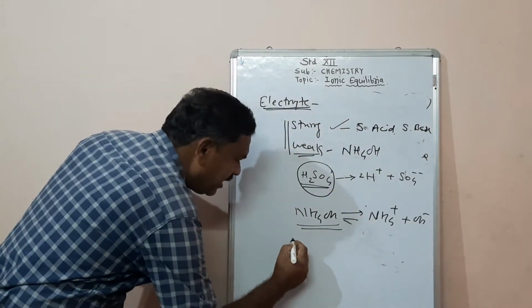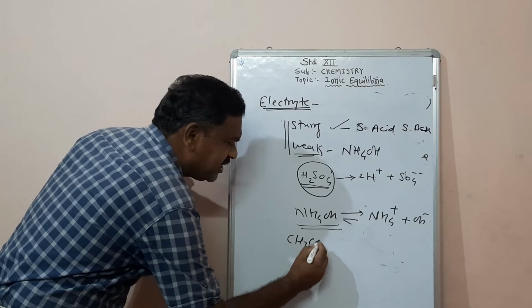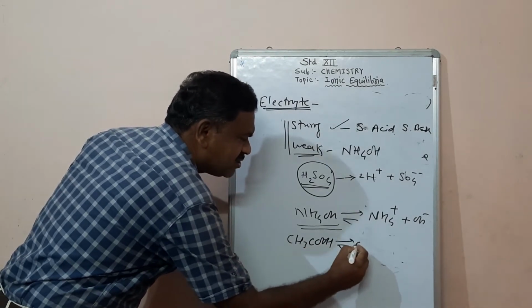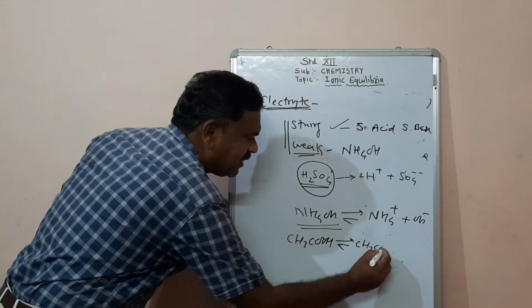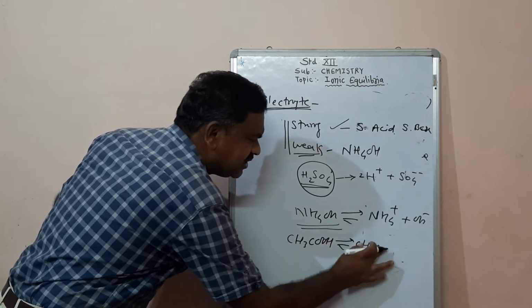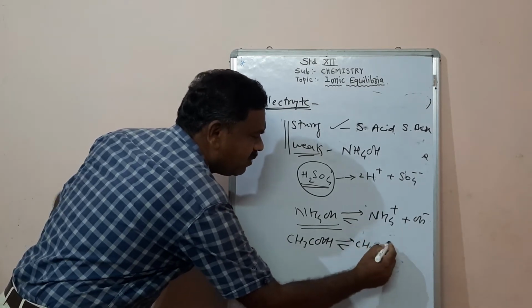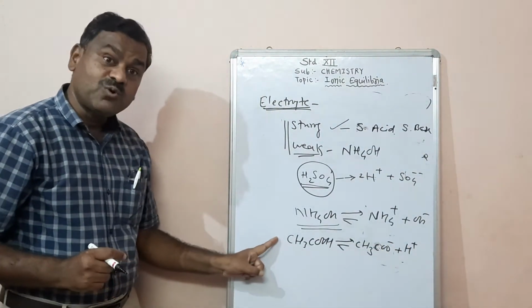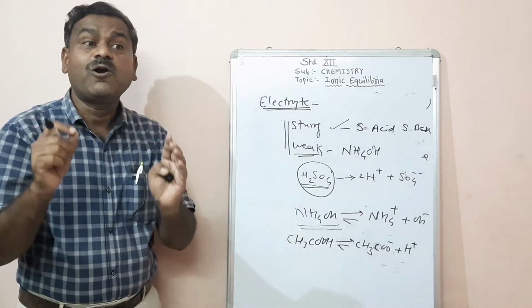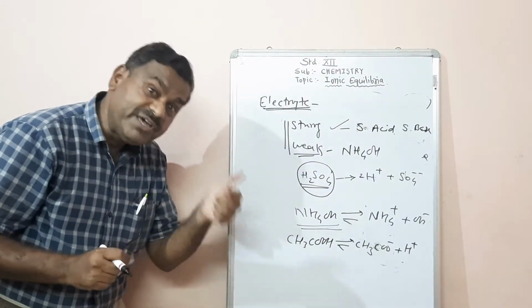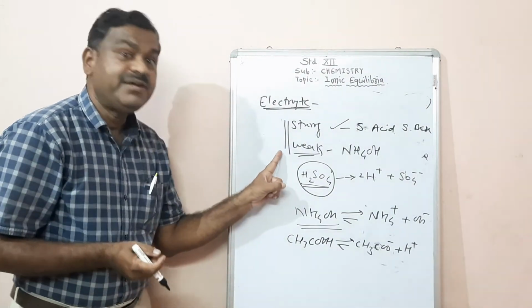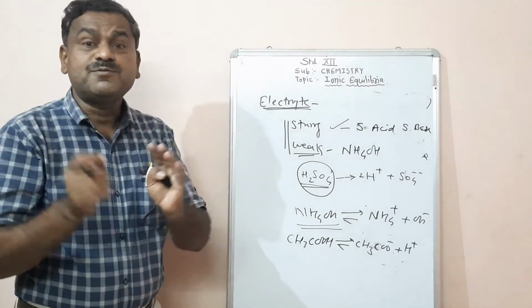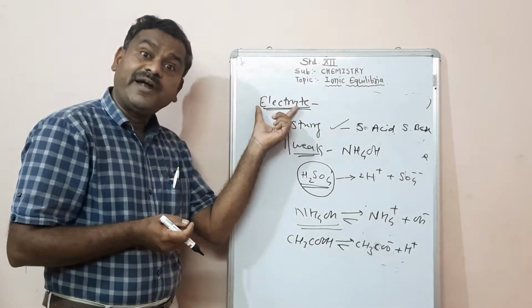Another example: acetic acid dissociates to form acetate ions, CH3COO minus, and H plus ions. This is also called a weak electrolyte, a weak acid. These are the two types of electrolytes.